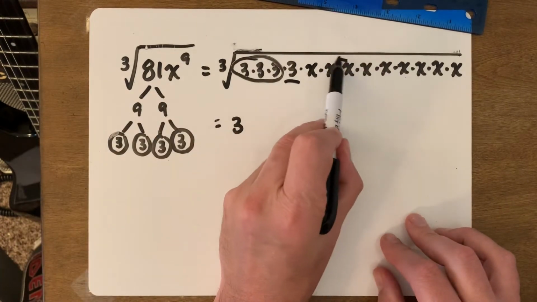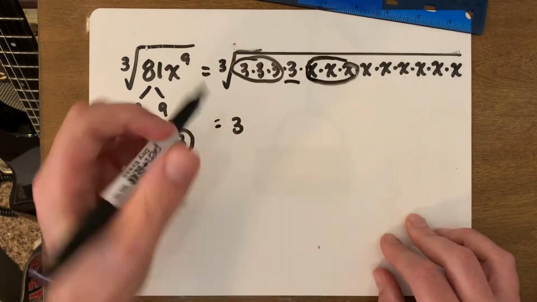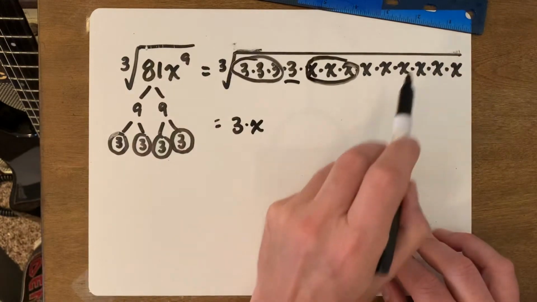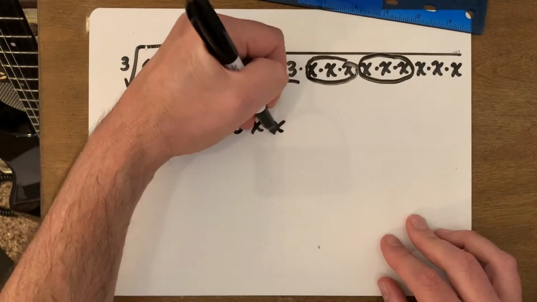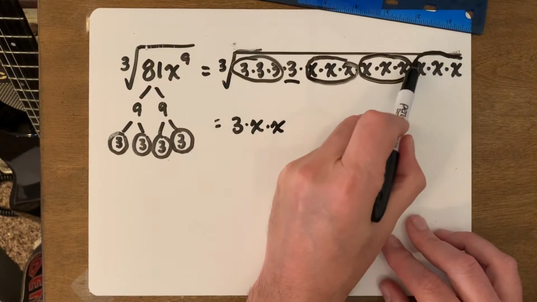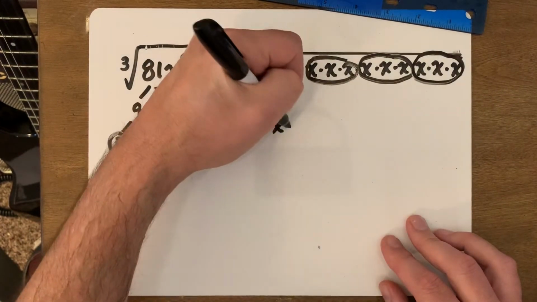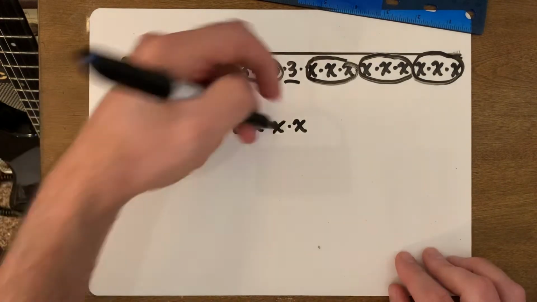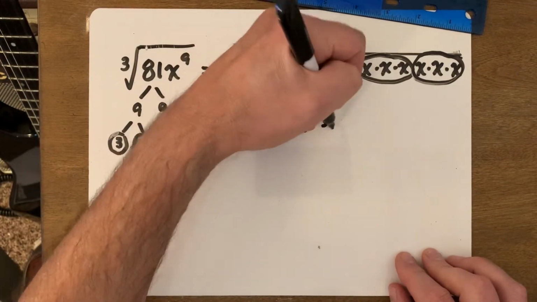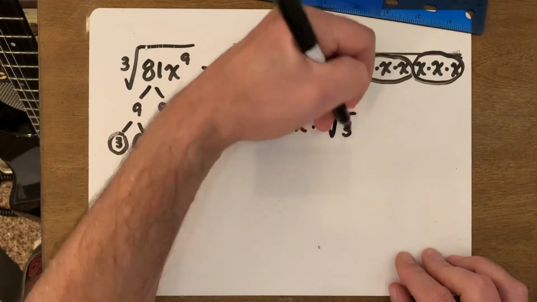Okay, I've got a group of 3 x's. I've got another group of 3 x's. And I've got another group of 3 x's. And I've used up all of my x's. The only thing left is just that 3 right there. So now, that extra 3 has to stay under that cube root again.